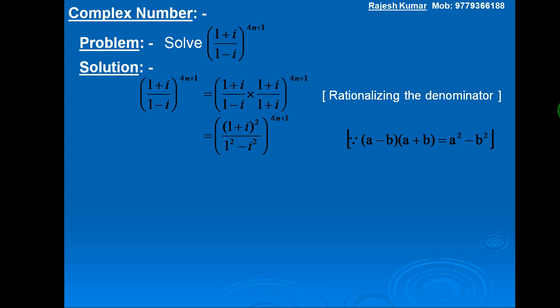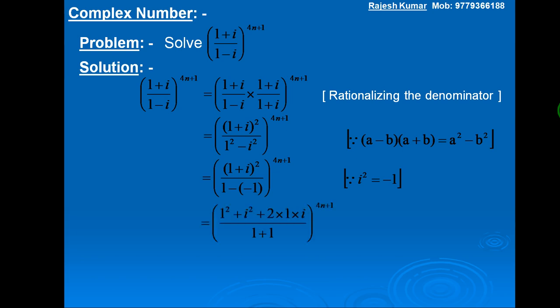In our case, a is equal to 1 and b is equal to iota. So this is equal to (1 plus iota) whole square in the numerator upon, in the denominator we get 1 minus minus 1, as 1 square is equal to 1 and because iota square is equal to minus 1.